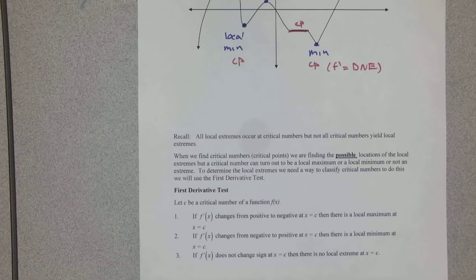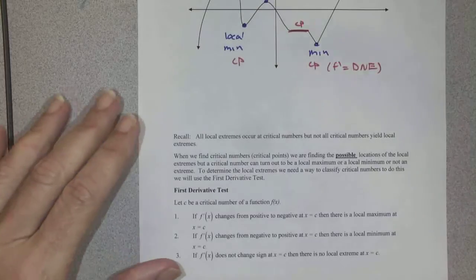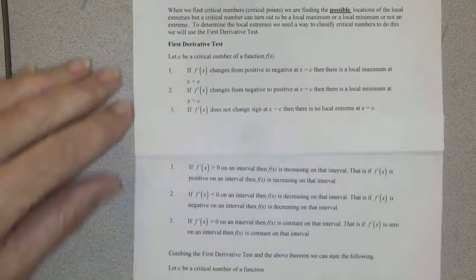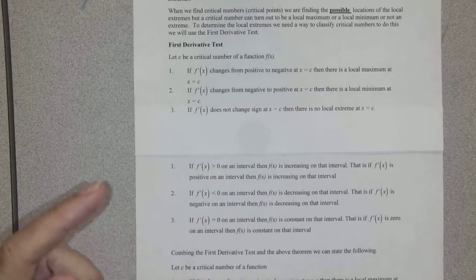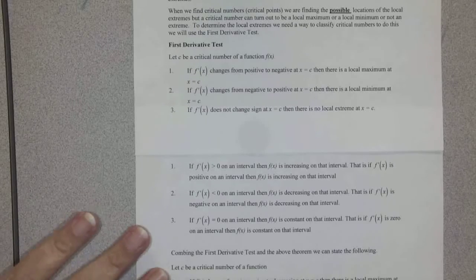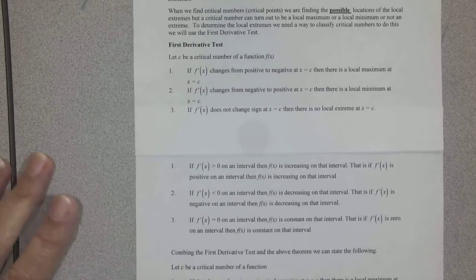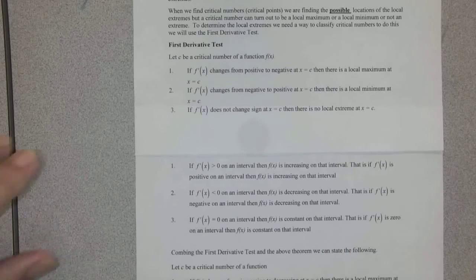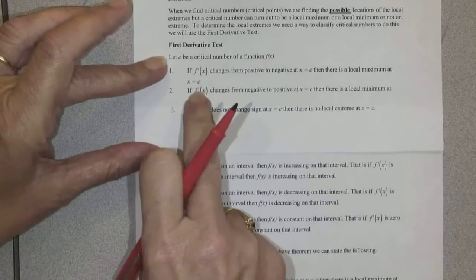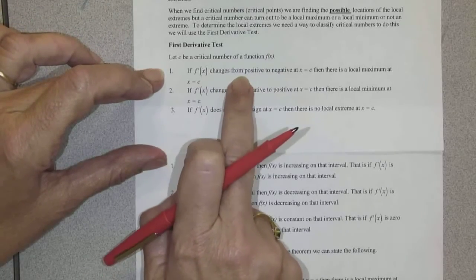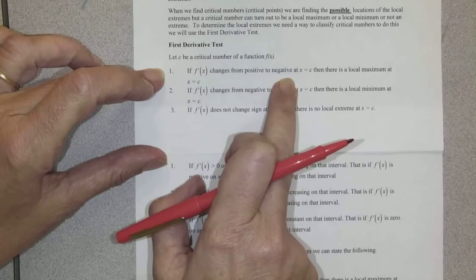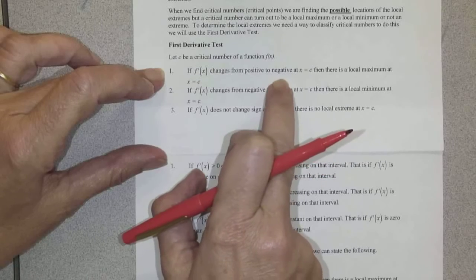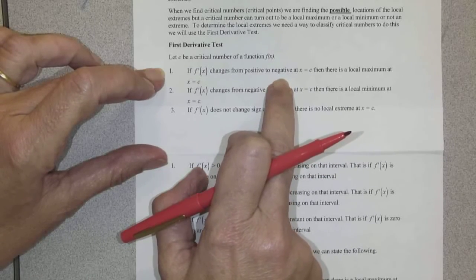What I'm going to do is put together some things that I know. One of the things we just learned is that if the derivative is positive on an interval, the function is increasing. If the derivative is negative on an interval, the function is decreasing. And if the derivative is 0, the function is constant. So if I look at the first one that says if f prime changes from positive to negative: if f prime is positive, the original function was increasing, and if f prime is negative, the original function was decreasing.